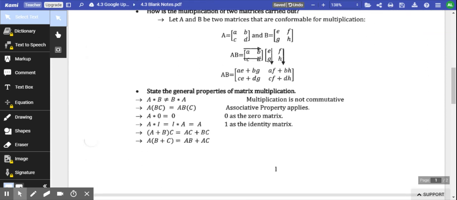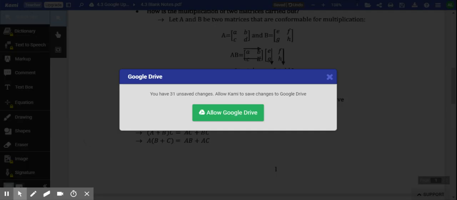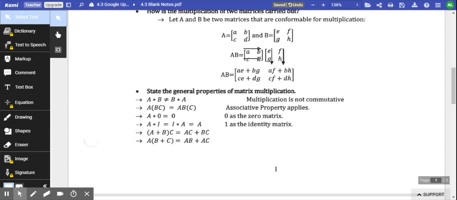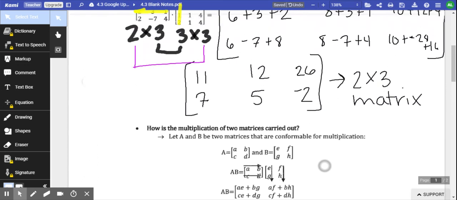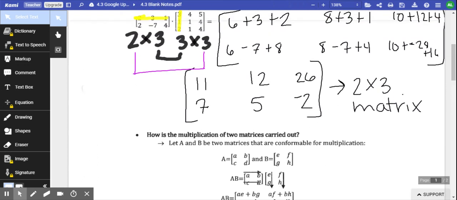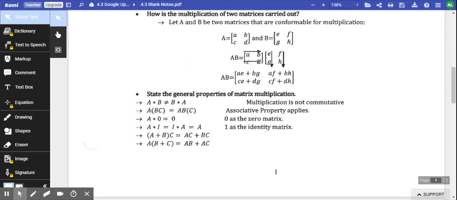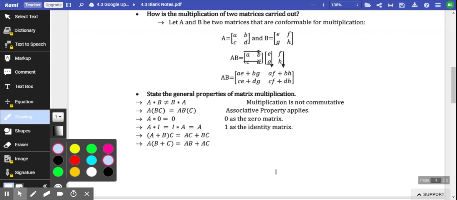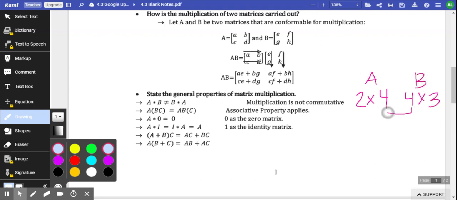I told you on Friday that if I flip the order, A times B is not equal to B times A. In this case it would still work, but it doesn't always work. So if I had a 2 by 4 matrix, that's matrix A, and a 4 by 3 matrix, and that's B, I could multiply it that way because the inner numbers are the same.